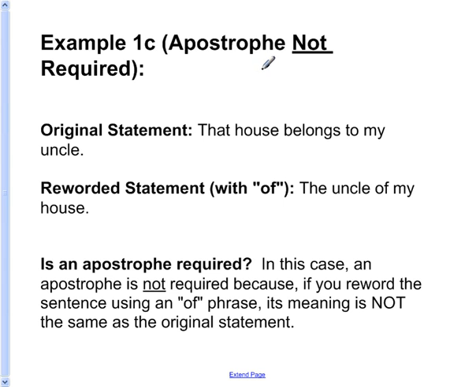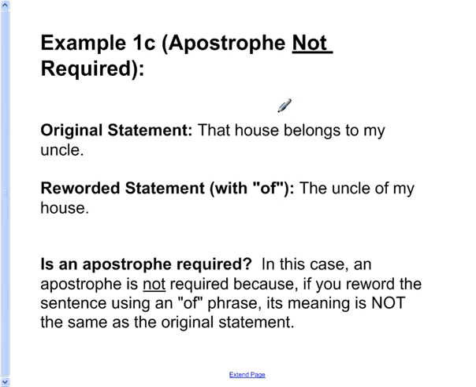Let's look at an example where possession does not exist, or in other words, an apostrophe is not necessary. That house belongs to my uncle. Now, here, possession does exist, but an apostrophe S is not required. We can determine this if we do an of test.